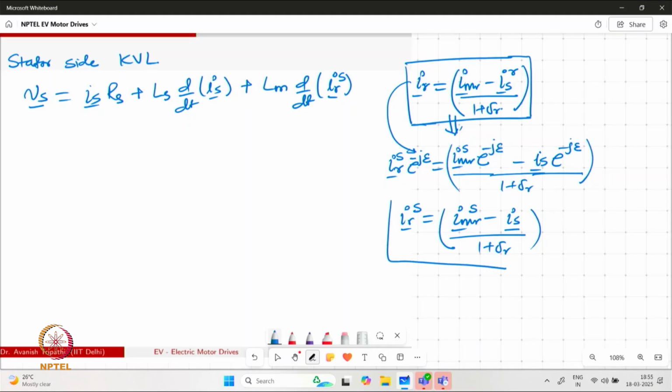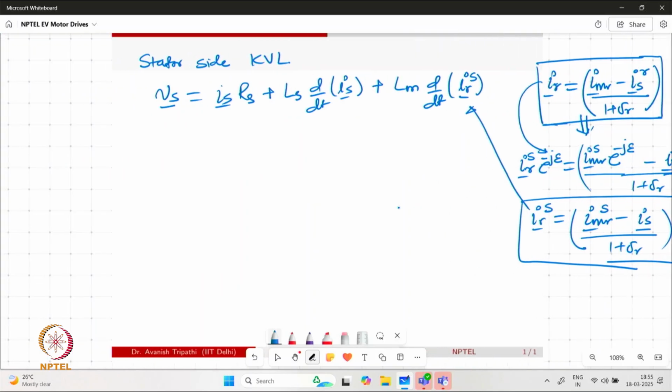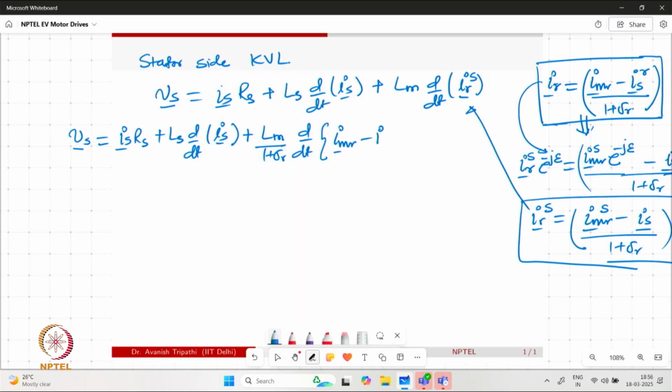So this can be used for replacing the IR current in the stator frame of reference, and the equation can be modified as now.